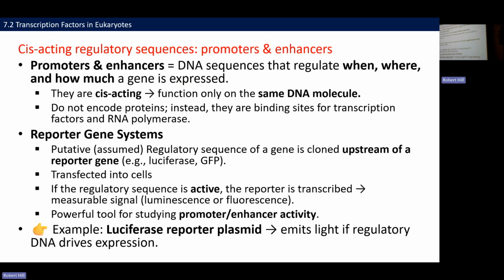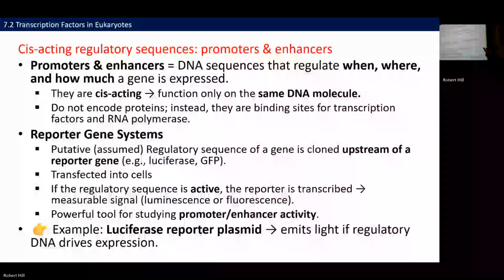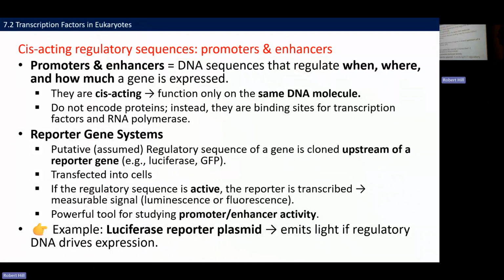So, and this is an important term. Because you have cis-acting regulatory components and you also have trans-acting regulatory components. Both are prominent in eukaryotic systems. Cis-acting are very close to the target gene on the same chromosome. Trans-acting are far away from the target gene and usually found on different chromosomes.